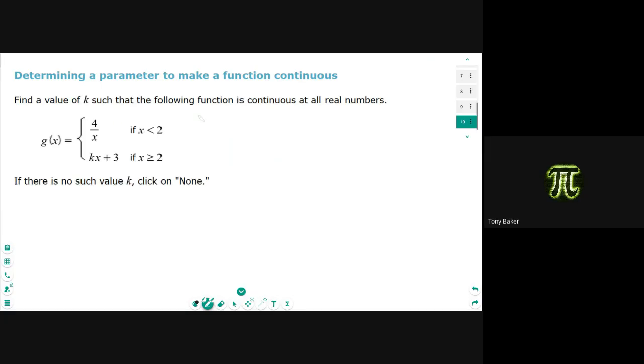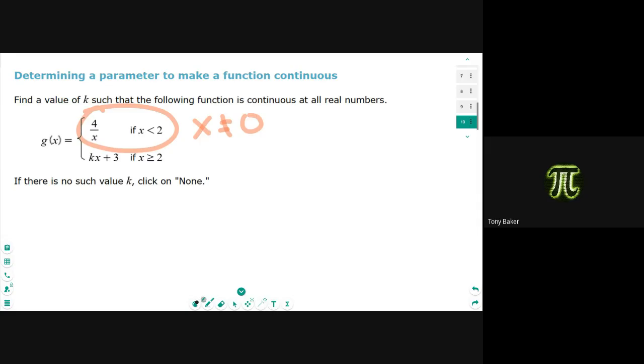So this problem right here, x cannot equal 0. Is that within that domain? Yes.